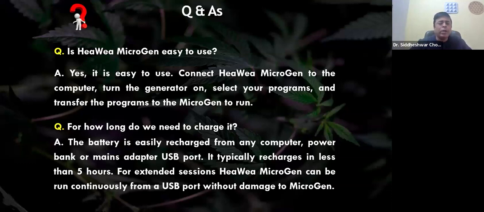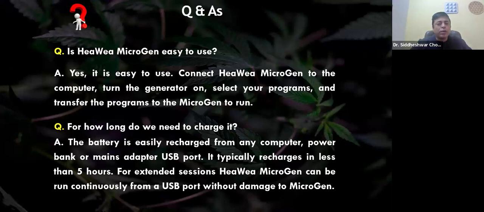For how long do we need to charge it? So the battery is easily recharged from any computer or power bank or mains adapter USB port. It typically charges in less than 5 hours. For extended sessions, HeaWea MicroGen can be run continuously from a USB port without any damage to MicroGen. Okay.